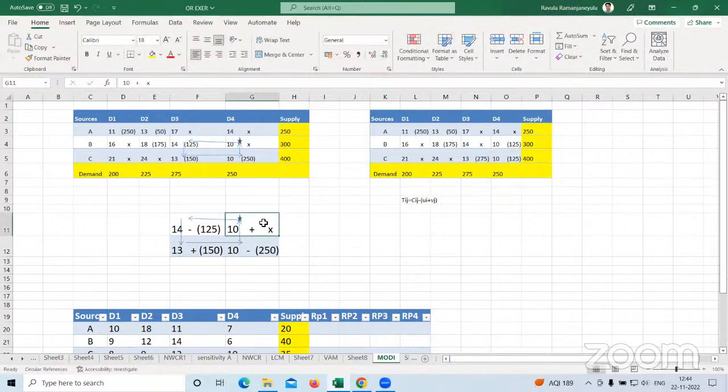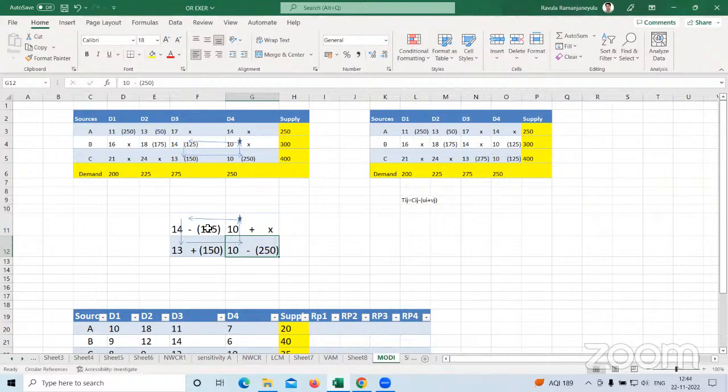To the unoccupied, we need to add some units, so that a positive sign is considered. Unoccupied positive, occupied cells negative, then positive, then negative. So from these minus signs, wherever we are finding, the least number of units in whichever cell is there is to be subtracted and added to the other cells.